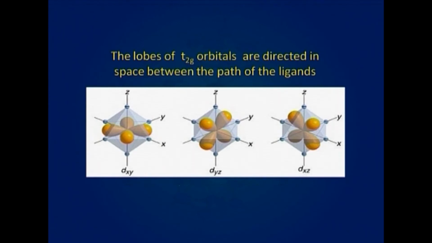And the lobes of dxy, dyz and dxz orbitals point between the charges or ligands. In dxy, the lobes of the orbitals point in between these two ligands. The lobes of dyz orbitals are pointing in between these ligands and the lobes of dxz orbitals are also pointing between the ligands.